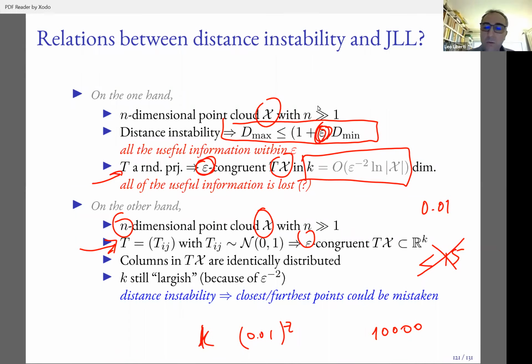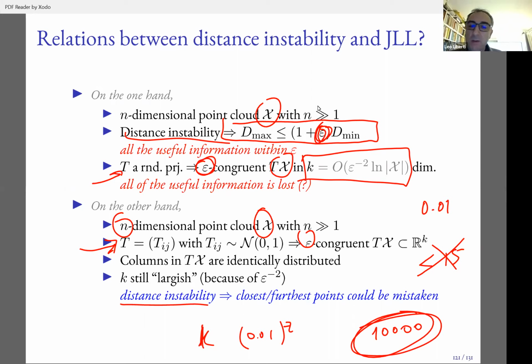So when you do this, you're still in an area where distance instability really hits, because you have so many dimensions anyway. So it seems like even if you want to first decrease the dimensionality, there's this distance instability phenomenon that won't let you go too low.